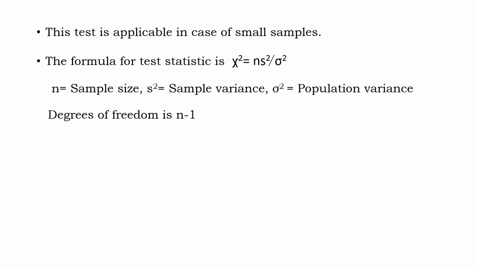The formula for the test statistic is chi-square equals n s square by sigma square. This is the only change in the formula.